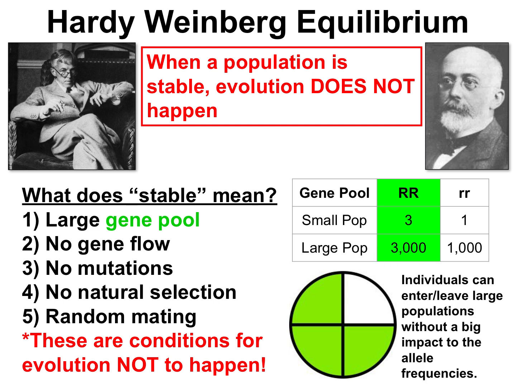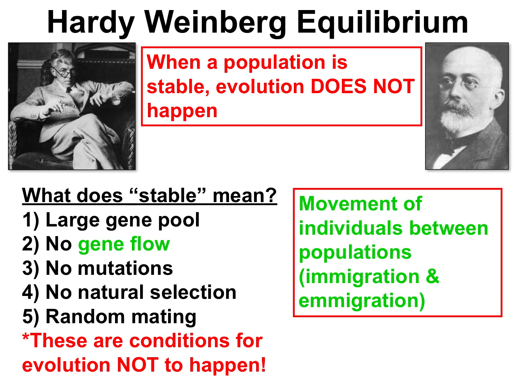So individuals can enter or leave large populations without a big impact to the allele frequencies. An individual that enters or leaves a small population has a big impact that can change the population and cause evolution.